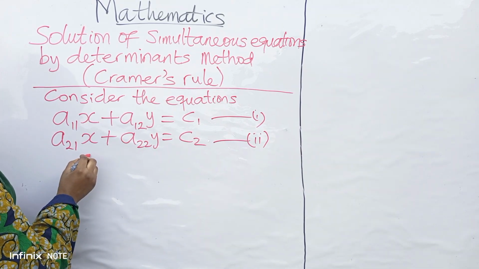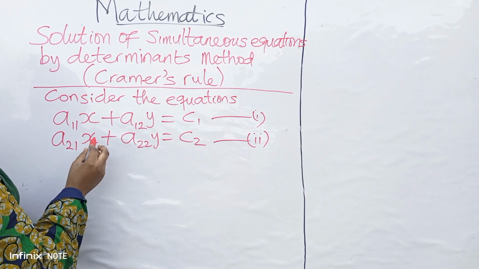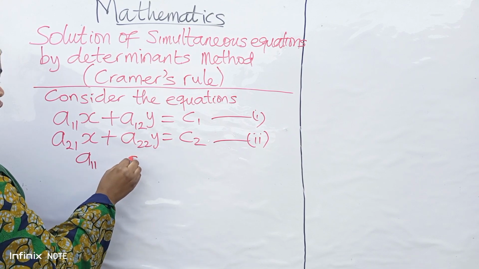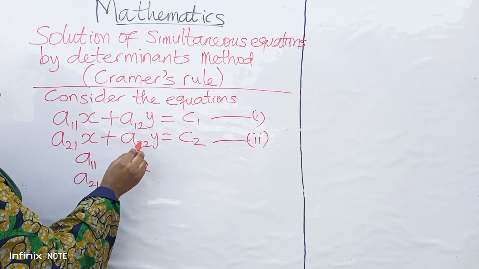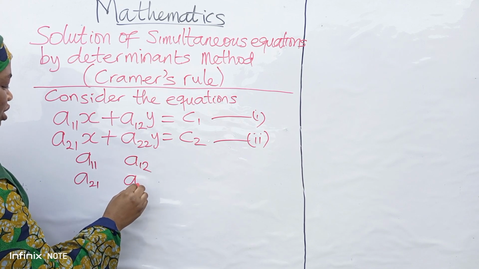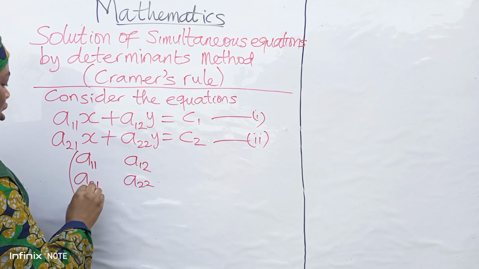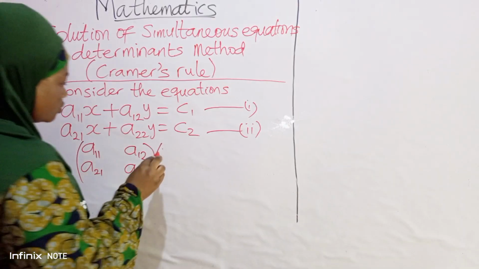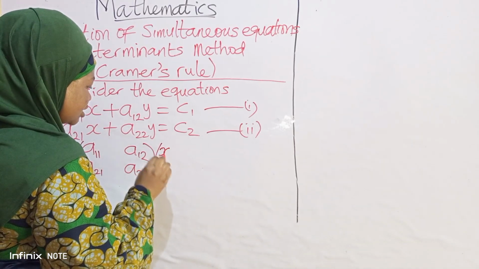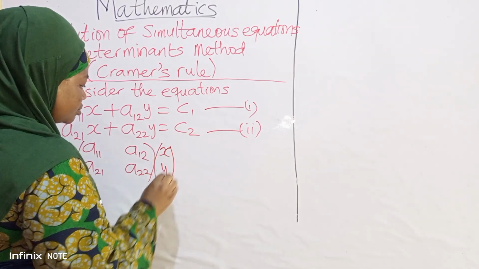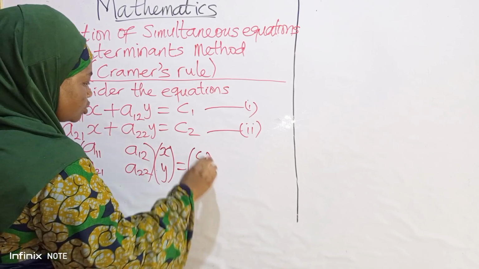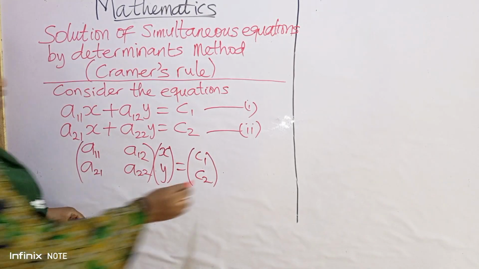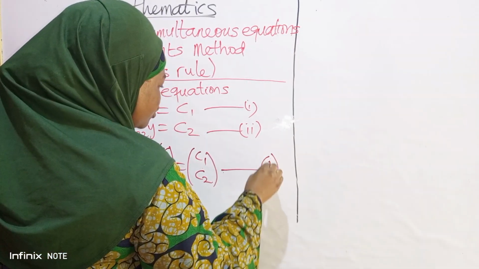So you write the coefficient of x, coefficient of y, coefficient of x in the second equation, and coefficient of y in the second equation. So write x, y is equal to c1, c2. Let's call this equation 3.